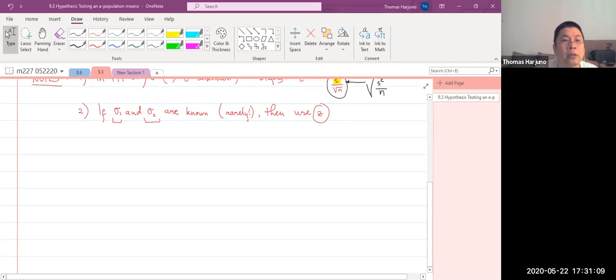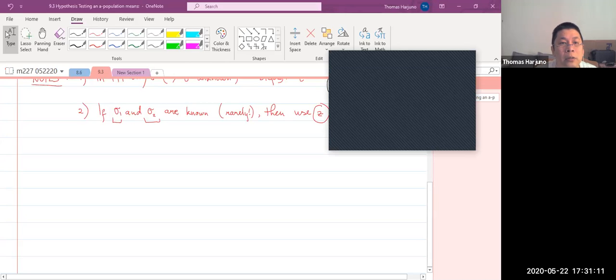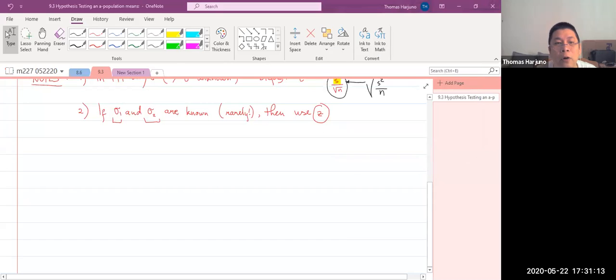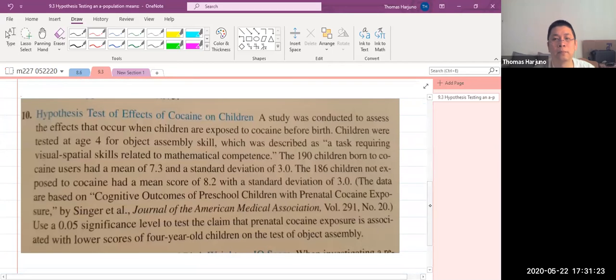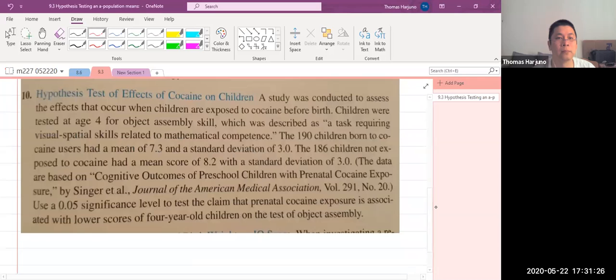Okay. This is the question. I take it from number 10 in our text. Hypothesis test on effects of cocaine on children. By the way, the information given to us is always in a paragraph like this.